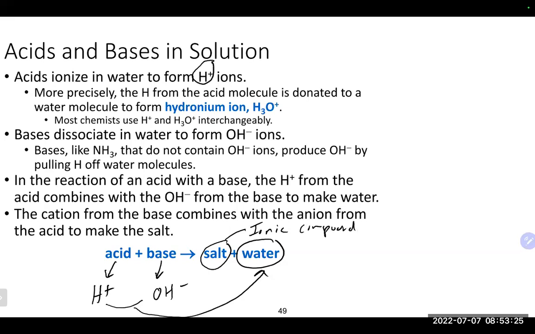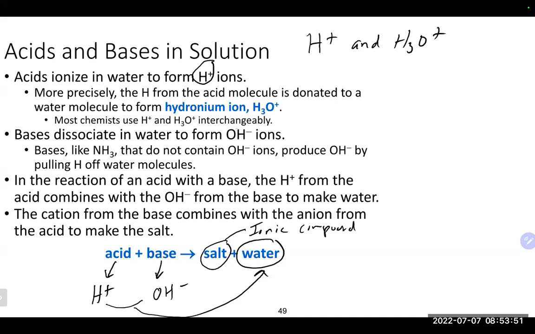It is also sometimes referred to as hydronium ions, which is H3O+. When we talk about acids and bases, H+ and H3O+ are essentially equal to each other. They both represent the acid part of the solution. If you go on to 200B, you'll talk all about acids. But they're pretty much the same thing as the acid in the solution.